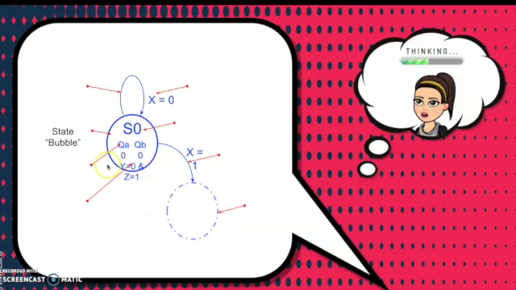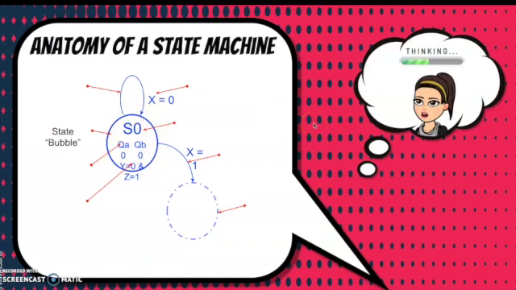So let's take a closer look at these parts. First of all, we have the state bubble, which is right in the center. And so let's break down the anatomy of the state machine. First of all, we have the state, which we already identified in the previous slide as labeled S0, S1, S2, S3, etc. The state graph shows the sequence of states that the state machine will transition to on each clock transition.